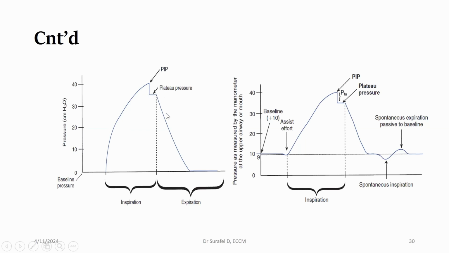This is the pressure lying inside the alveoli, called the plateau pressure. So the plateau pressure is around 35 centimeters of water, and the peak pressure is around 40. The pressure needed to overcome the airway resistance that we have said before, the trans airway pressure, will be the difference between the peak inspiratory pressure and the plateau pressure.